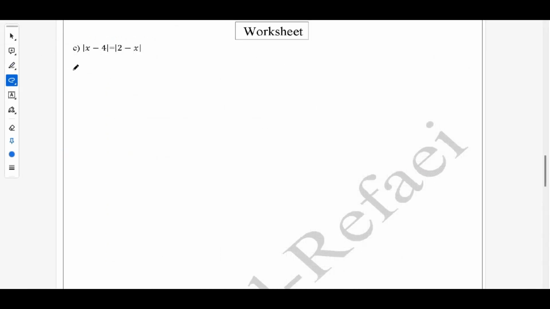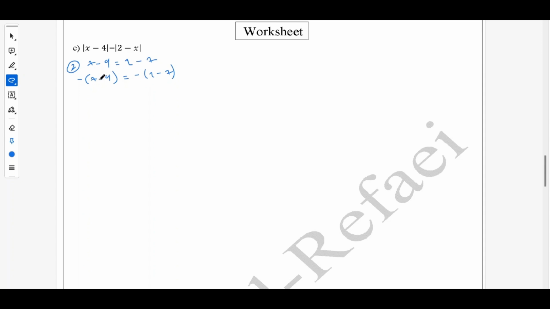Way 2, a change in sign. Now you see you have a modulus sign for both sides, left and right. According to that, I have to make them the same sign or different sign. In other words, I'm going to say x minus 4 equals 2 minus x, or negative (x minus 4) equals negative (2 minus x).